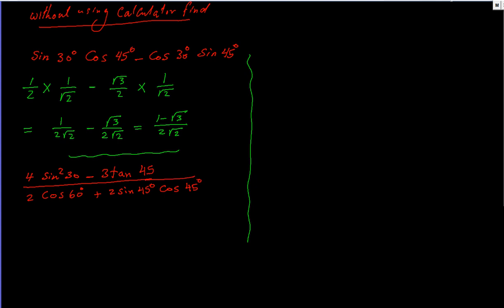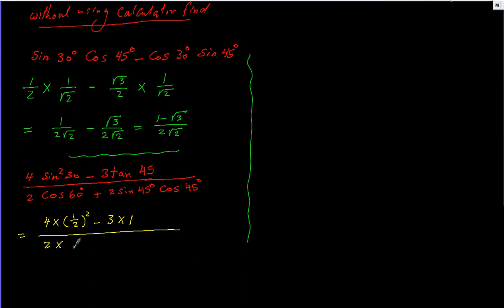Okay, sine 30 equals what? Equals a half, so it's 4 times half squared minus 3 times tan 45. Tan 45 equals 1, over 2 times cosine 60.